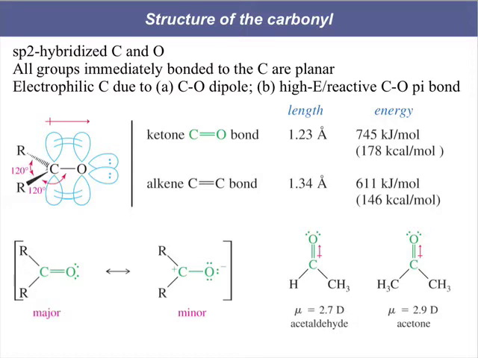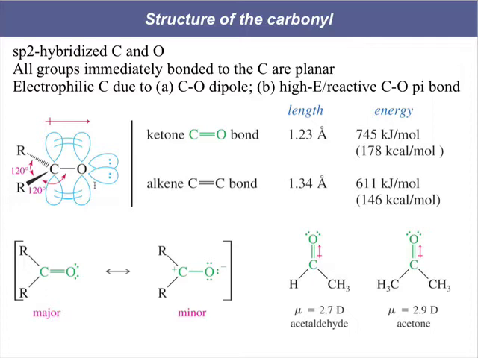So basically all four of the things, all four of the electron domains that are attached to the carbonyl will be planar, the two groups on the carbon and the two groups on the oxygen. We talked about the carbonyl being a good electrophile. We used it as a reaction partner with Grignard reagents, for example.